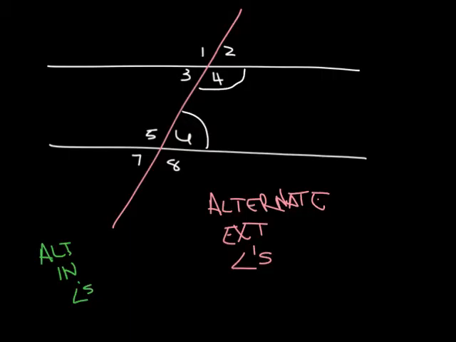And it's pretty easy to see that because this one and this one add up to 180, and this is the same as this, which this one is a vertical, so this one's going to be the same. So this is the same as 2 because of corresponding angles. 4 and 6 then are going to add up to 180, just like 4 and 2 would add up to 180 degrees.